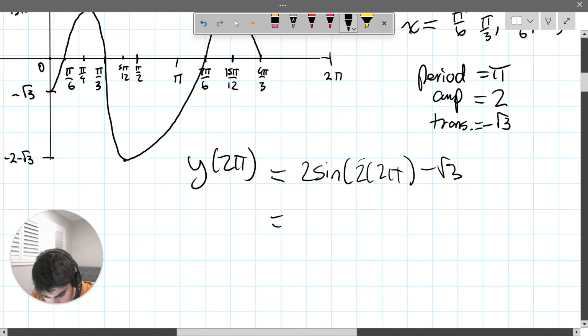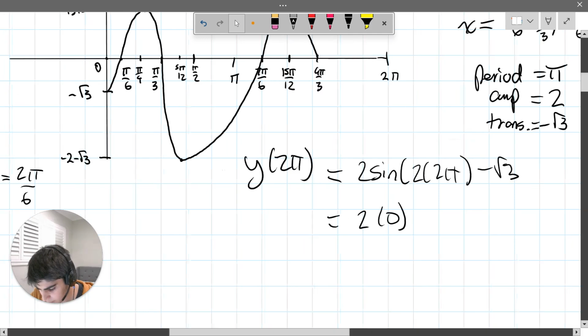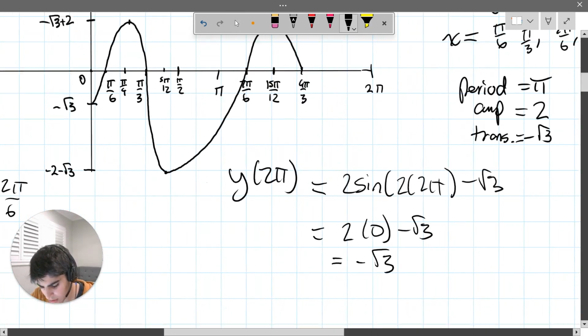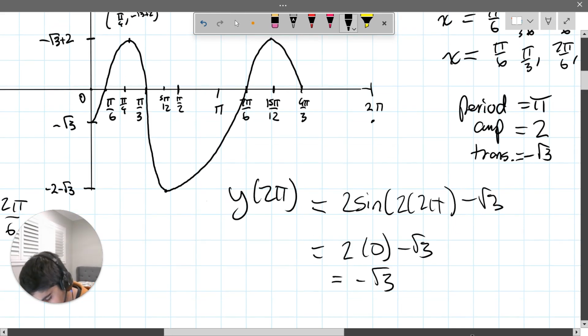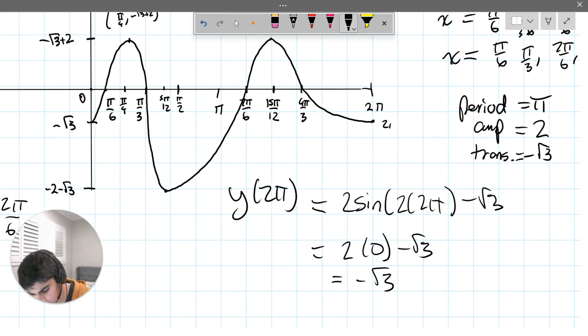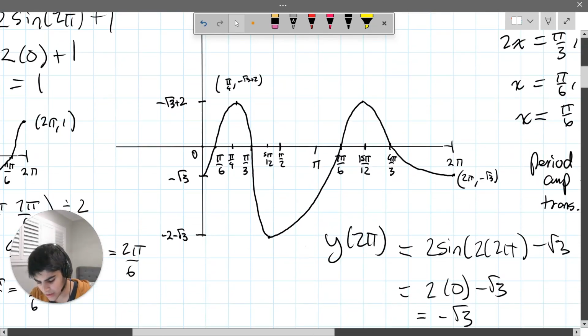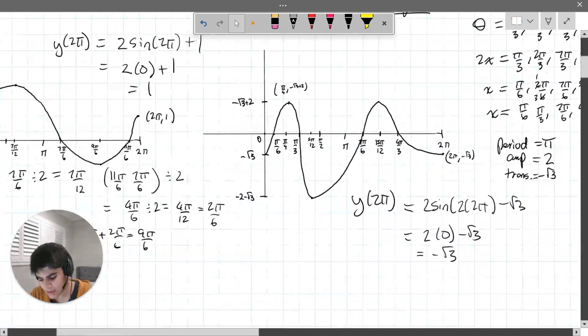Sine 4 pi is 0, so 2 times 0 minus root 3 equals negative root 3. Our final point lies around here: 2 pi, negative root 3. Don't mind the sketch, guys. It's not to scale, but this is approximately what it should be.